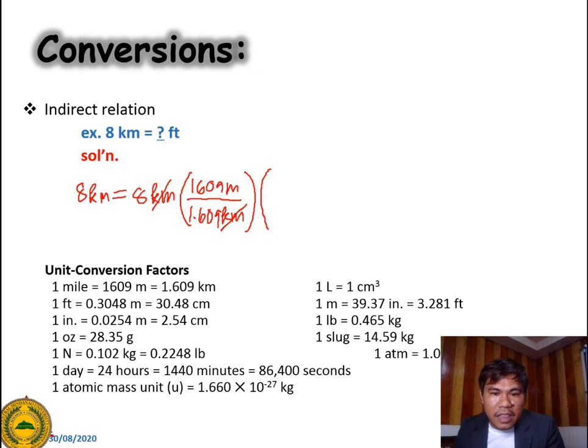So now the only thing left is to convert a meter to feet. That can be done by multiplying the next conversion factor, which is actually meter relating it to feet. So take note that from here we have this relation, meter going to feet.